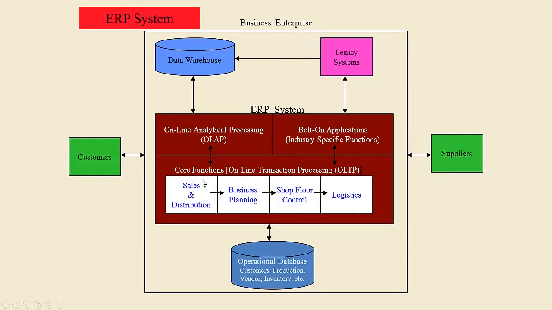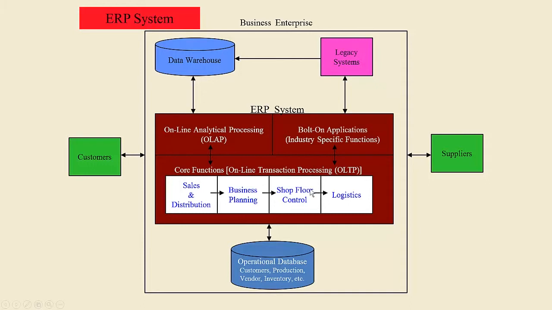This unifies all your major business functions: sales, manufacturing, distribution, etc. Another major part of an ERP system is OLAP, Online Analytical Processing, and this is used by management. Often there's a third part, some additional add-on or bolt-on applications specific to that industry, or some kind of function that is not provided by the main ERP vendor.